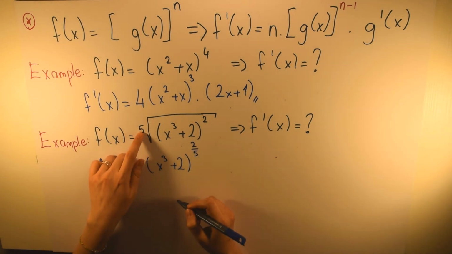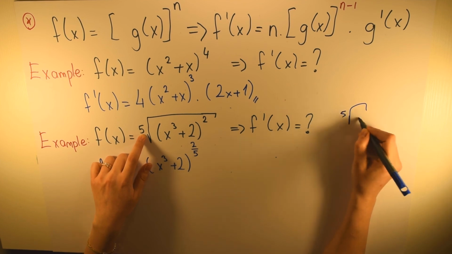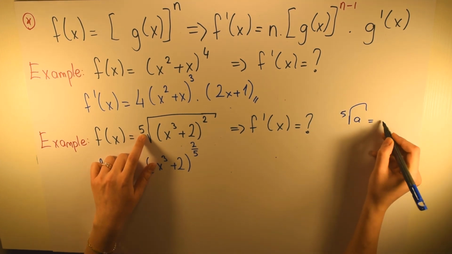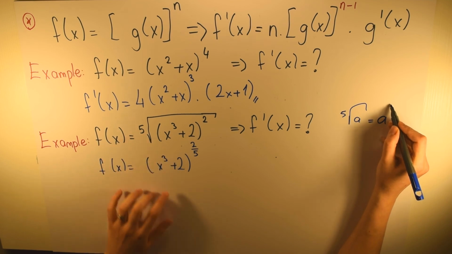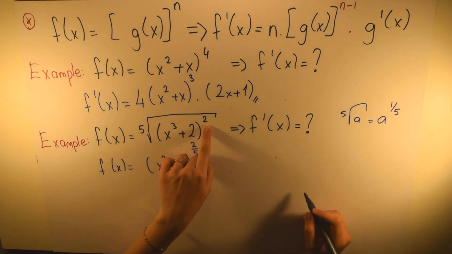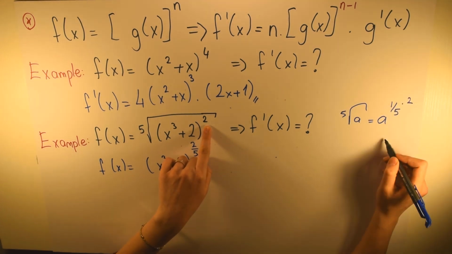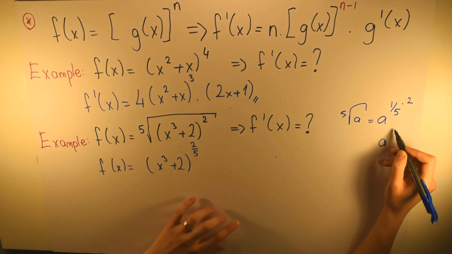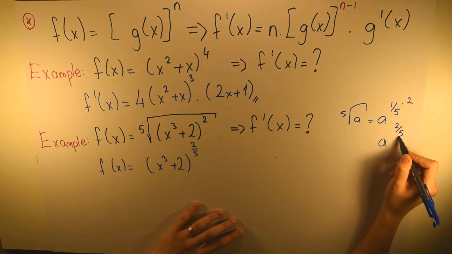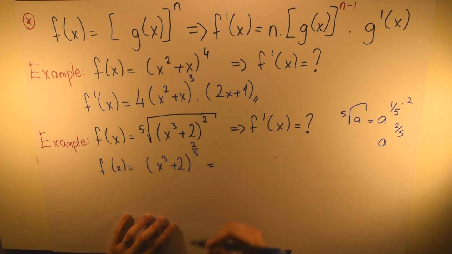Because if this is the 5th root of a, I can write this as a to the power of 1 over 5, right? Since I have also 2 here, I can write this as a to the power of 2 over 5, okay?